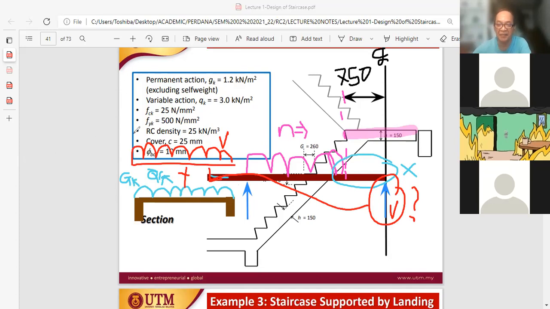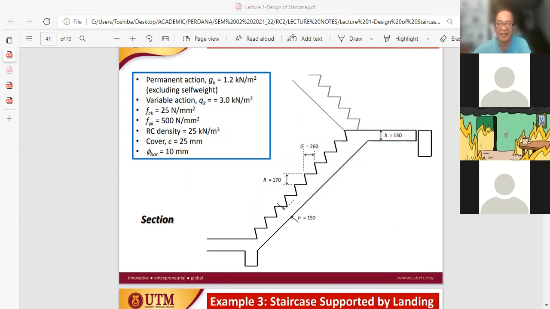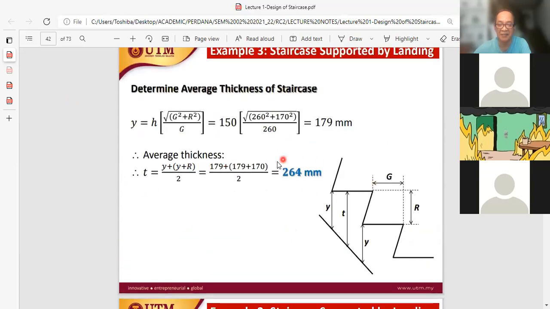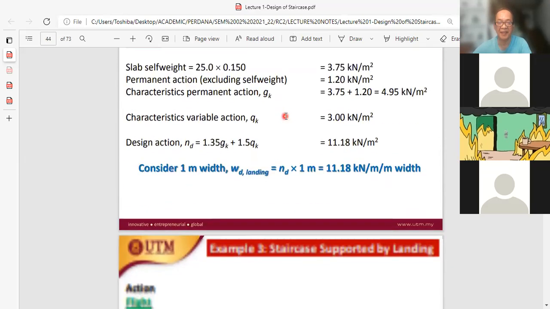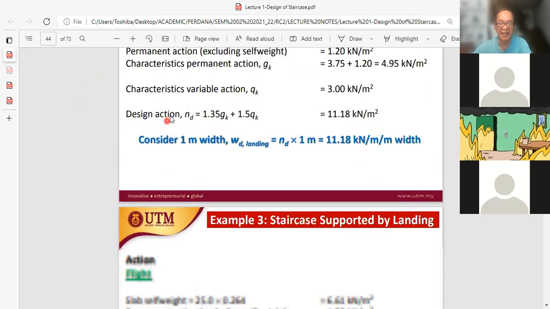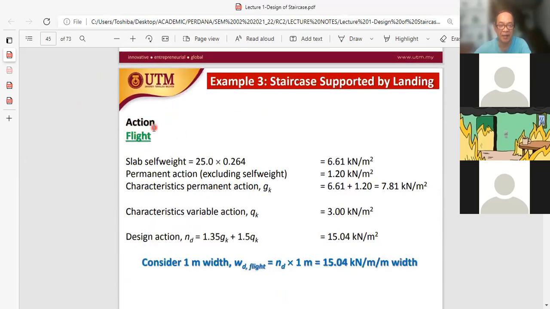To obtain our GK and QK, that is the reason why we have this schematic, to get the average thickness, because we want the GK and QK, or the loads, in the shape of the staircase. So from here we get this one for the landing, and this one for the staircase.